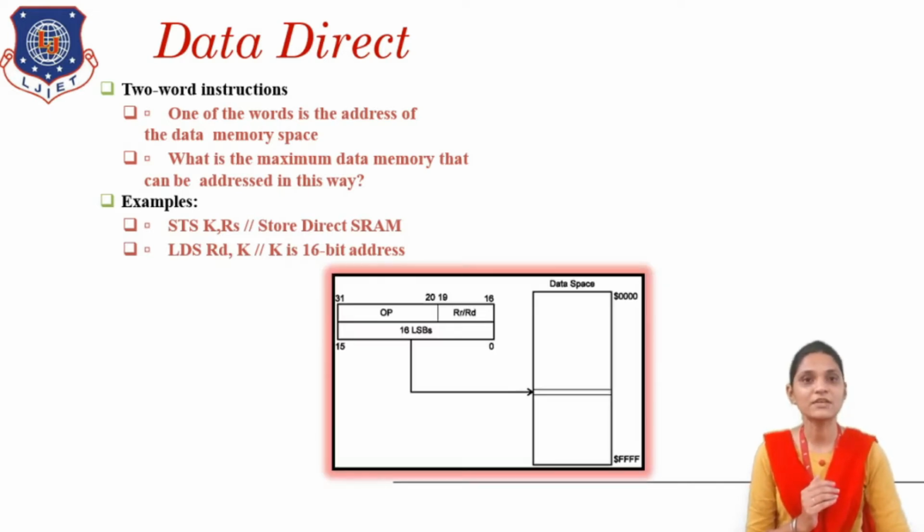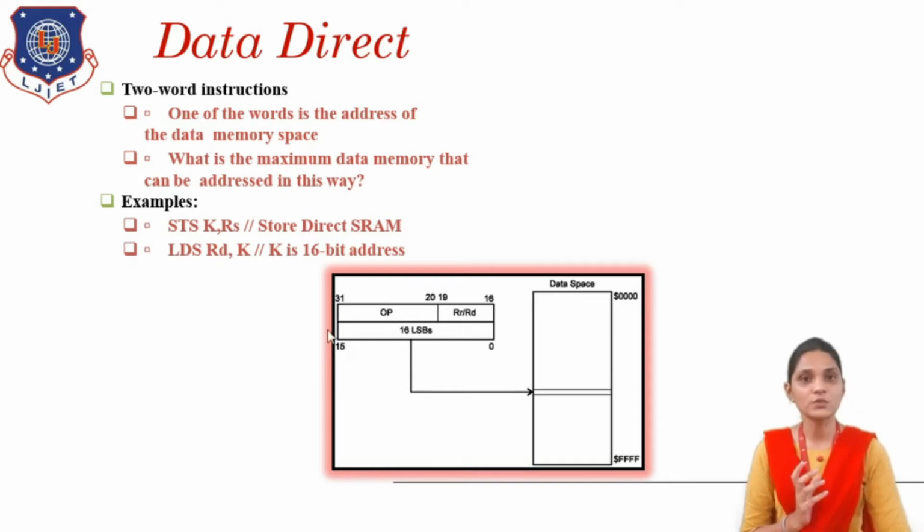It can be given like this. This is the operation code, then you provide Rd or Rs, that is, whether you are storing data into a register or storing the register's data to some location. Then comes the 16-bit address that you provide in terms of k.